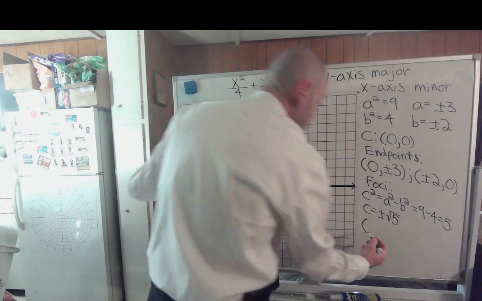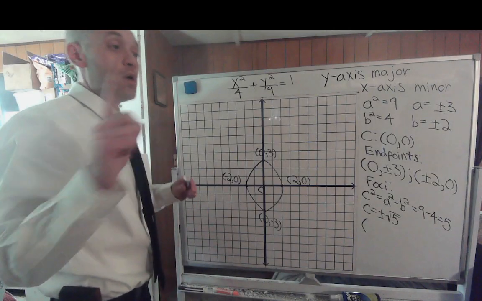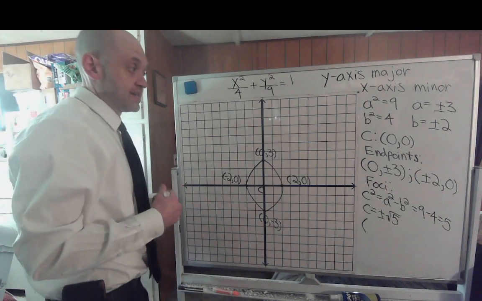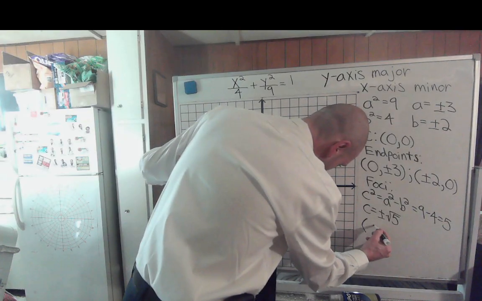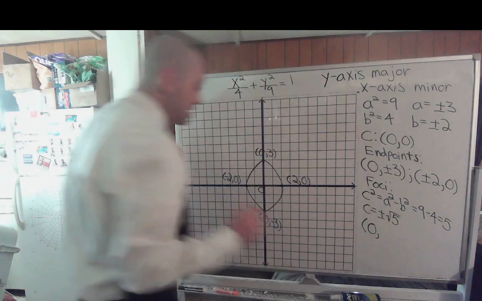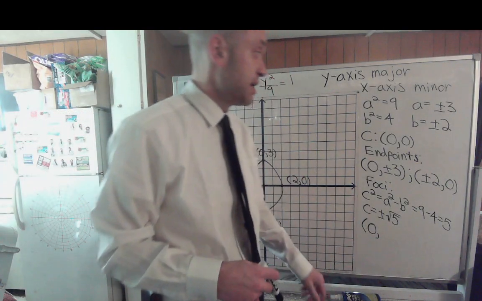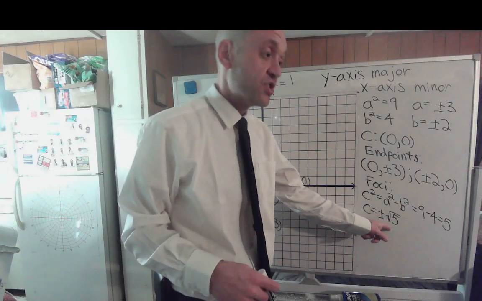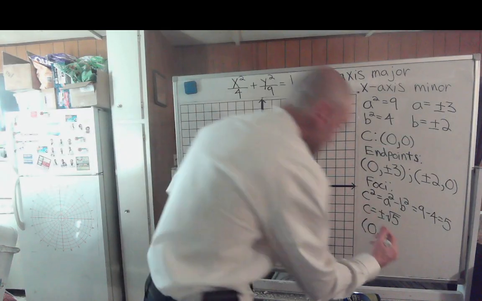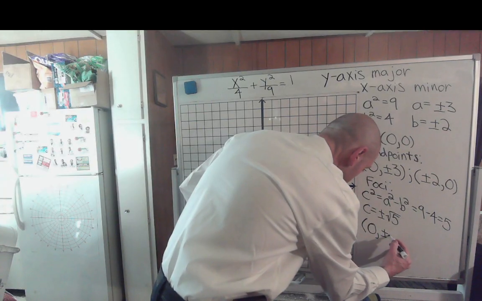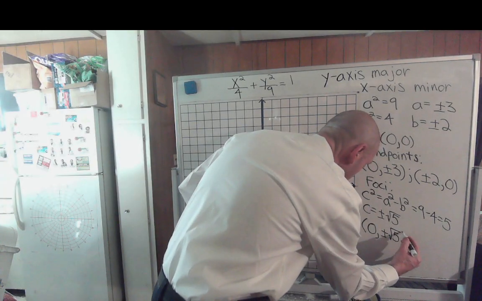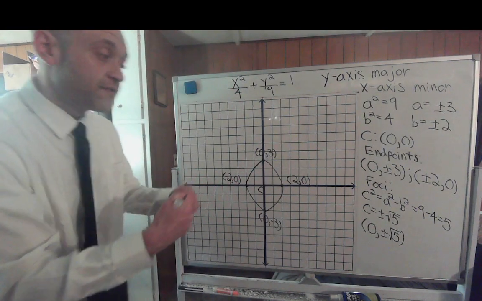So the coordinates of my foci, this time the y-axis is the major axis, so we'll leave the x-coordinate of the center alone. But let's find the y-coordinates of the foci. We just add that plus and minus square root of 5 to 0, you'll get 0 plus and minus the square root of 5. And there's your coordinates of the foci.